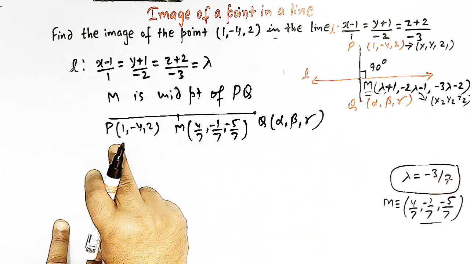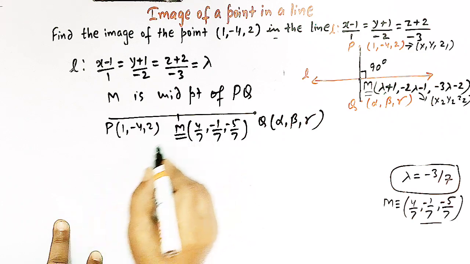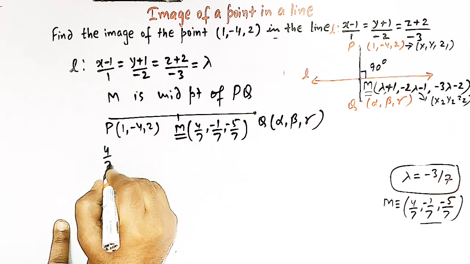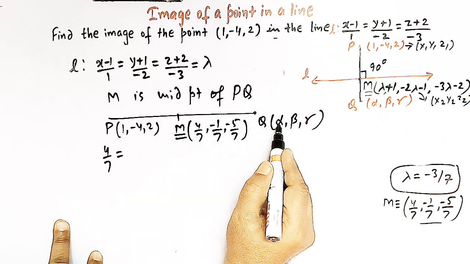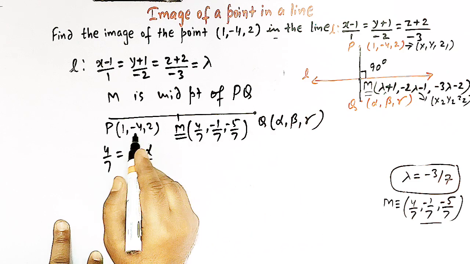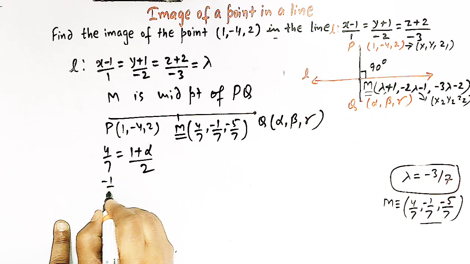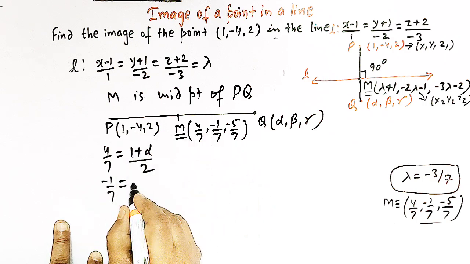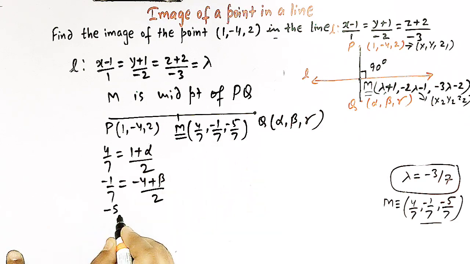So here applying the concept of the midpoint formula, this M is given by 4 over 7. The x coordinate is given by the mean of these two coordinates, that is 1 plus alpha over 2, and similar is the case with y and z coordinates. So we have here minus 1 over 7 is equal to minus 4 plus beta over 2, and then minus 5 over 7 is equal to 2 plus gamma over 2.